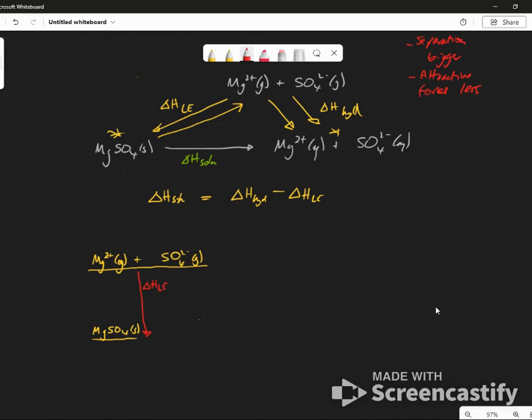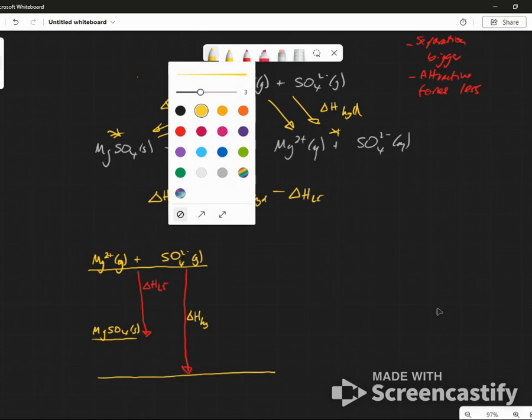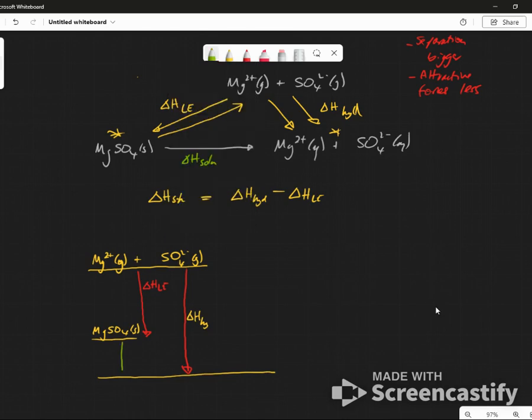Going from here to here is the hydration energy. But what is going from here to here called? Anyone? Delta H. Anyone fancy a go at that last one?